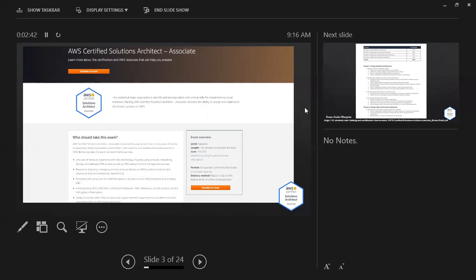And the exam is just 130 minutes of 65 questions, either multiple choice or multiple response, and it's 150 US dollars. The beautiful aspect of this is that if you had done the Cloud Practitioner before taking this exam, you'll be given a 50% discount for this exam.